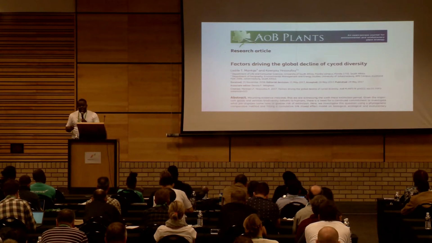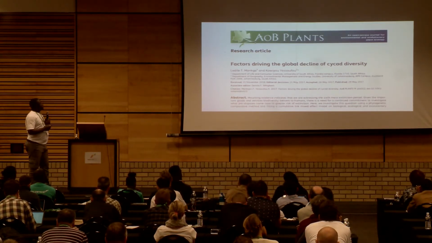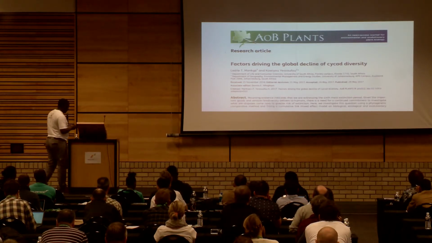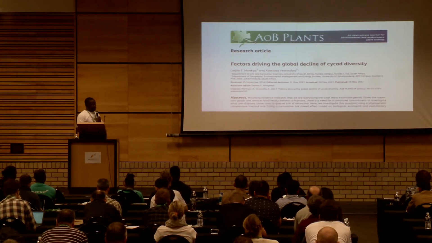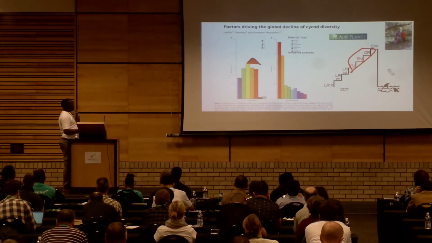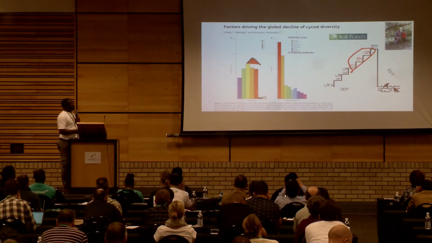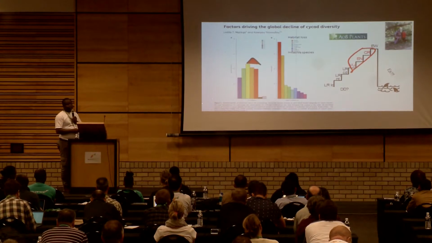So the last part of the presentation is on the conservation story. I published with my student this work this year in AoB Plants, where we try to summarize what are the factors driving the extinction risk in Cycads. I must mention here from the beginning, here you have the distribution, the proportion of Cycad species across the IUCN category.